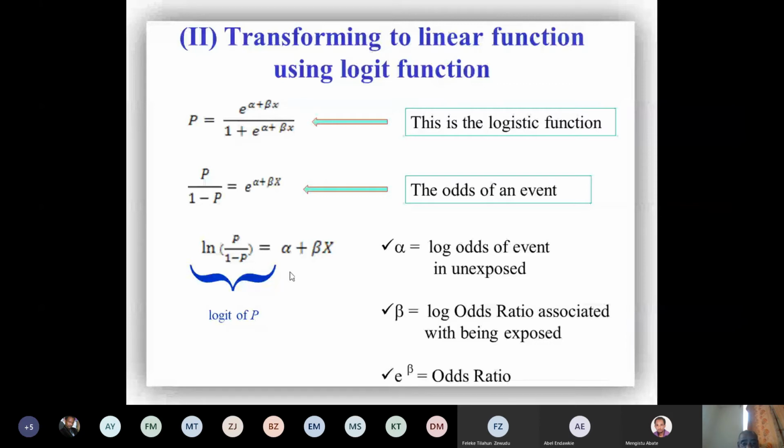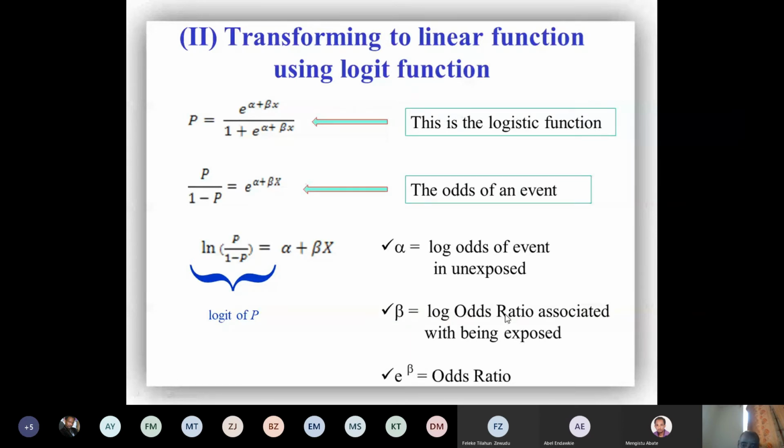If you subtract alpha from alpha plus beta, you will get beta. And that is the difference of the logarithm of the odds of developing the disease for the exposed and non-exposed group. So after rearranging, beta is the logarithm of the odds ratio.